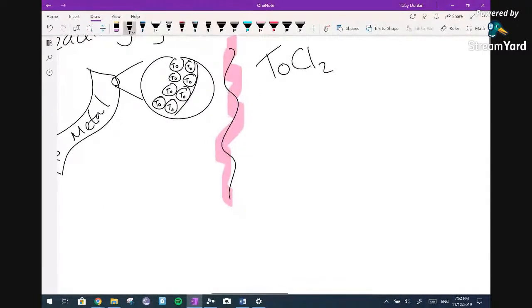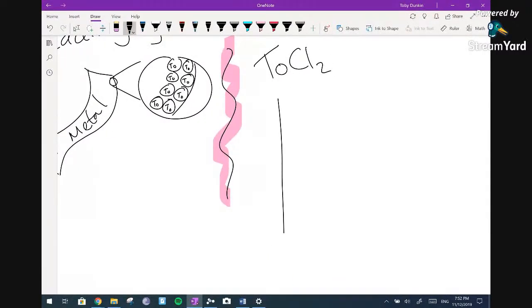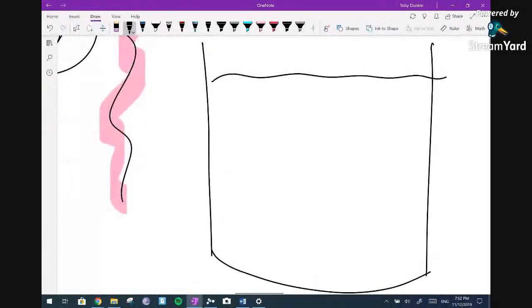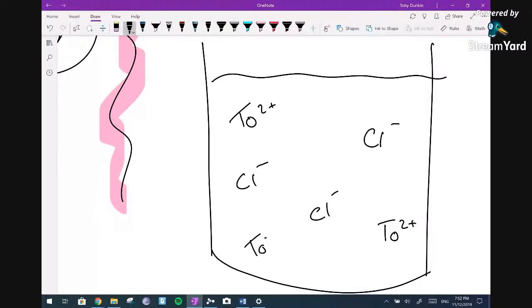And what does this now look like? Tadonium chloride, when it's in water, rather than floating around as ToCl2, breaks apart into its ions. This is what it looks like. There are many tadonium 2 pluses floating around, and there are lots of Cl minuses floating around.